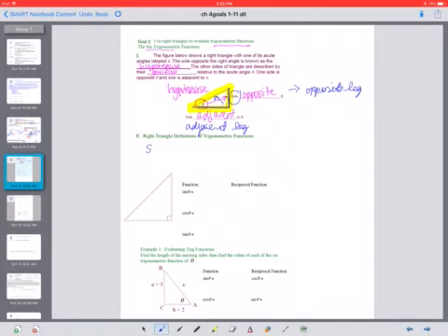SOHCAHTOA is spelled SOHCAHTOA. And SOHCAHTOA helps us to remember the ratio of the trig functions compared to the sides of a right triangle. So in our right triangle under Roman numeral 2, I'm going to label the bottom left acute angle as angle theta. I could have chosen to label the top right angle as theta, but I'm just choosing the bottom left.